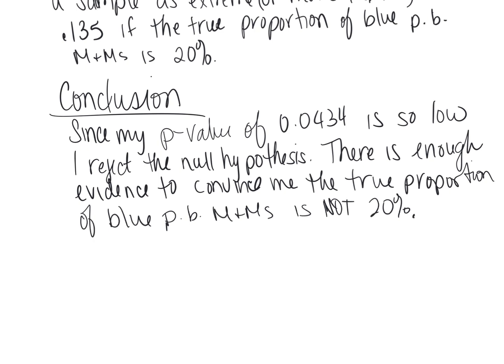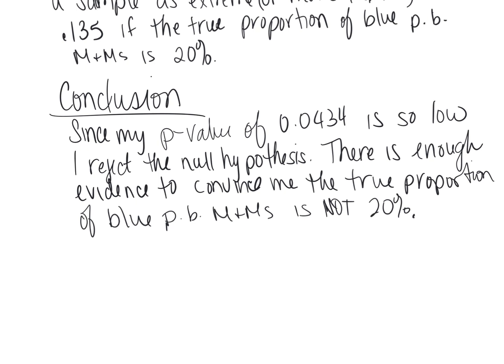Now, if we were to fail to reject, say it was like 13% was our p-value, we would say, since my p-value is so high, I fail to reject the null hypothesis. There's not enough evidence to convince me the true proportion of blue peanut butter M&Ms is not 20%.